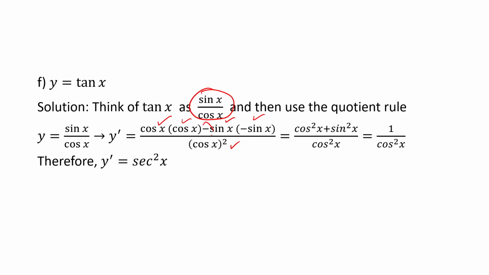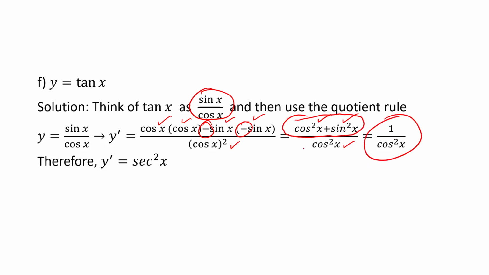Now, when we have that negative sine x times negative sine x, that becomes positive sine squared x. And of course, cos x times cos x is cos squared x. So up top, we have cos squared x plus sine squared x, and down below, we have cos squared x. But we know from grade 11 trig identities that cos squared x plus sine squared x equals 1.